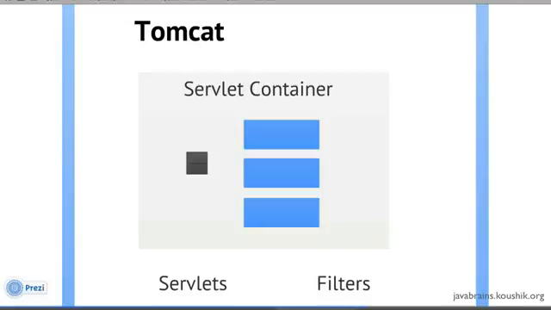Servlets are usually the place where you write your business logic, and filters are the place where you typically write cross-cutting concerns, for example, logging. If you want every servlet to log a message, you wouldn't write the logging code in the servlet. You would write it as a filter and then configure the filter to do the logging before the servlet is called.